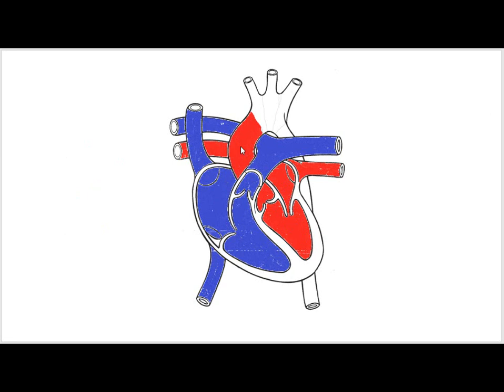So the ascending portion of the aorta will receive blood and it will branch into the brachiocephalic trunk right over here, and then it will branch into the carotid artery, and then it will branch into the subclavian artery.